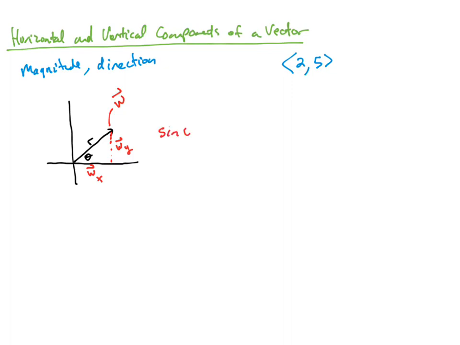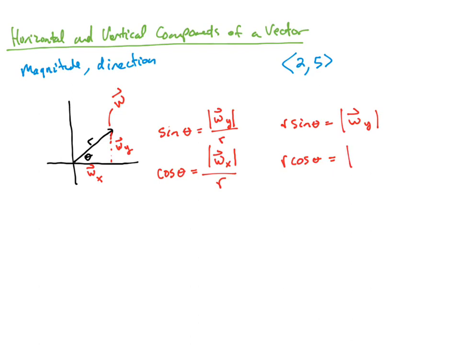So sine of theta is equal to the magnitude of w sub y divided by r, and we're going to give this component a positive value by using the absolute value sign, and then cosine of theta is equal to magnitude of x divided by r. So we could say r sine theta is equal to the vertical component, and then r cosine theta is equal to the horizontal component.